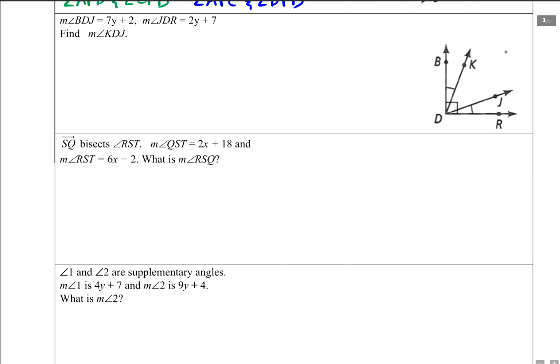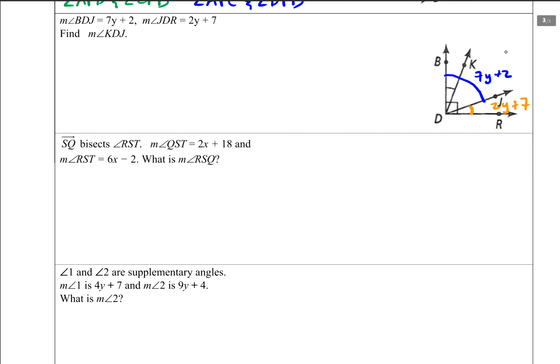Okay, next problem. The measure of angle BDJ, so that's this right here, BDJ, is 7y plus 2. And the measure of angle JDR, that's this guy right here, is 2y plus 7.